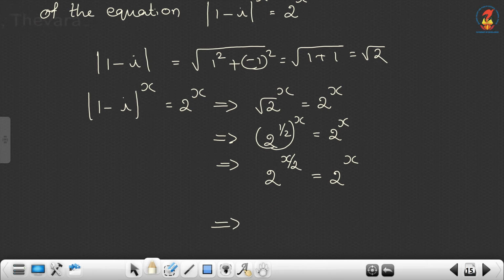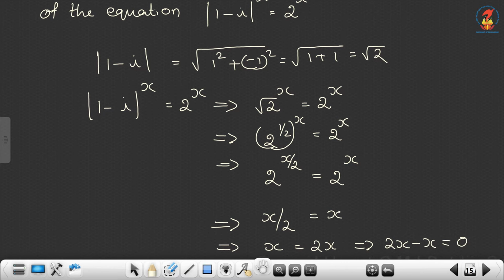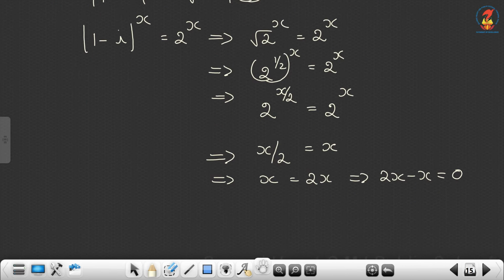So the powers are equal: x/2 is equal to x, or x is equal to 2x, or 2x − x is 0. So what is x? x is equal to 0. So 0 is the solution of the given equation.